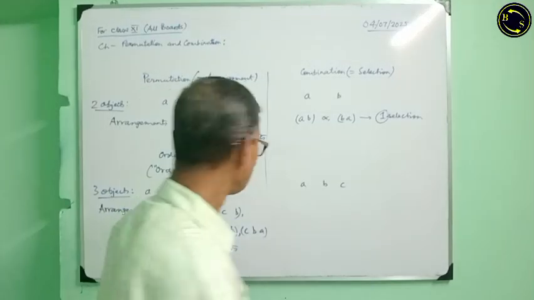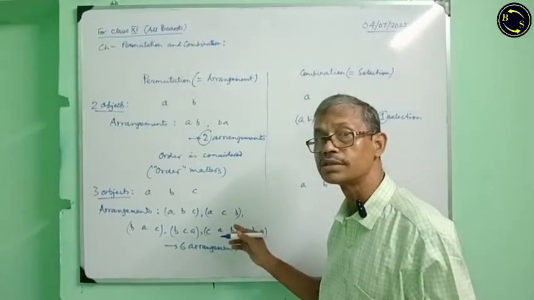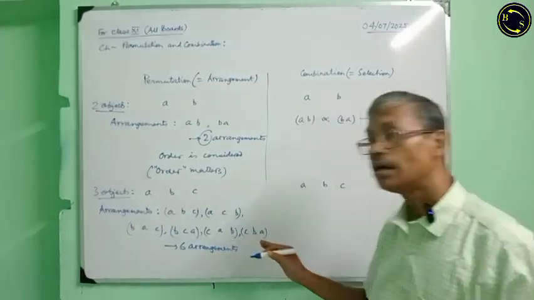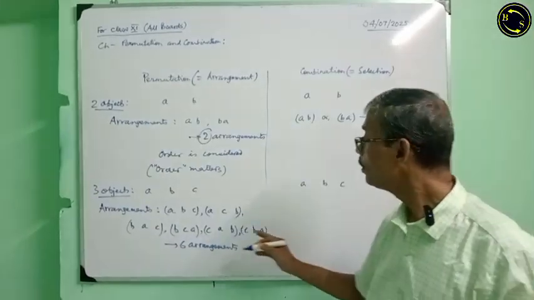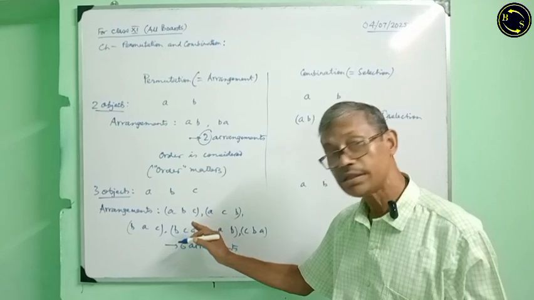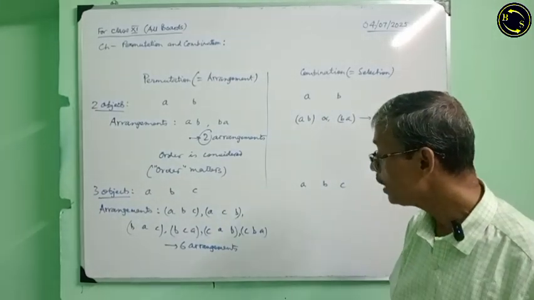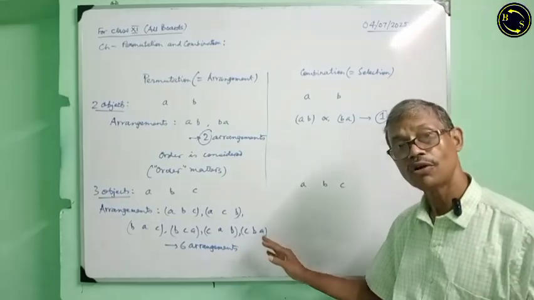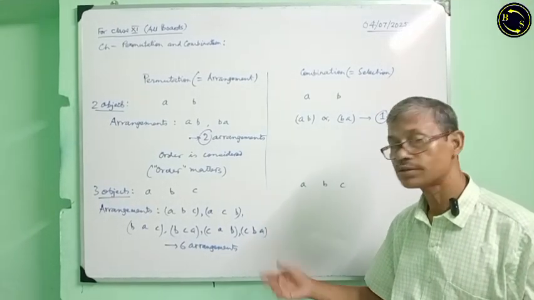But in case of selection of these three letters, order does not matter. Therefore, whether it is ABC or ACB or BAC or BCA or CAB or CBA, it is the same, because order does not matter.